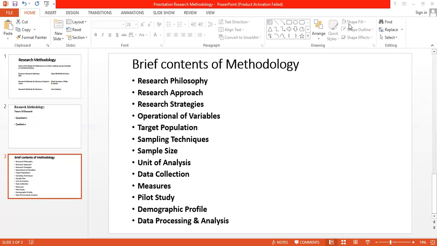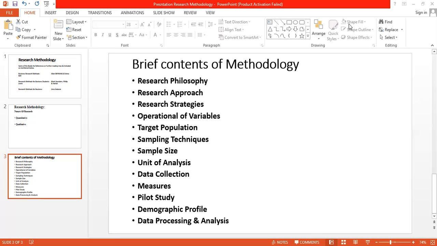In 1 or 2 lines, you will illustrate the population. If we are conducting research on banks, then we shall discuss the managerial employees, for example, the staff of the banking sector.